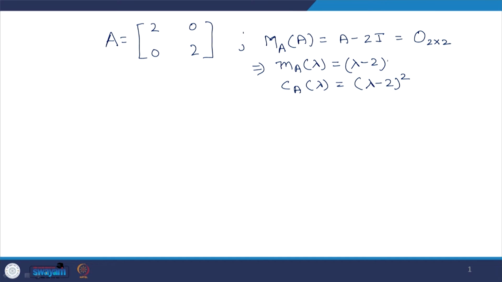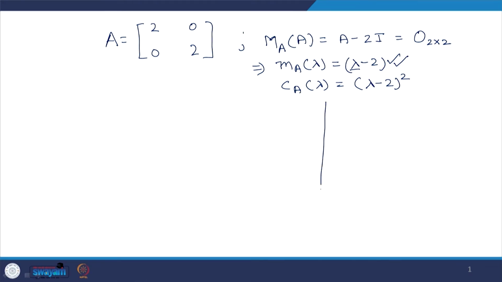If you observe, this minimal polynomial has less degree compared to the characteristic polynomial, and it is monic. Now, what is the meaning of monic? Monic means the leading coefficient of the polynomial is 1.